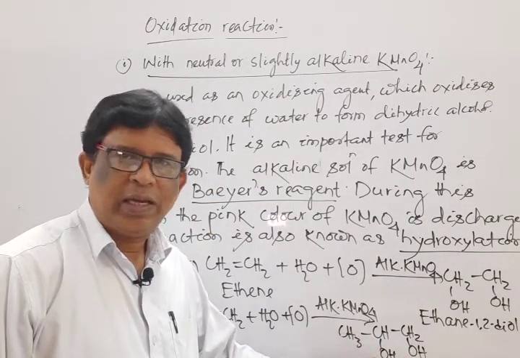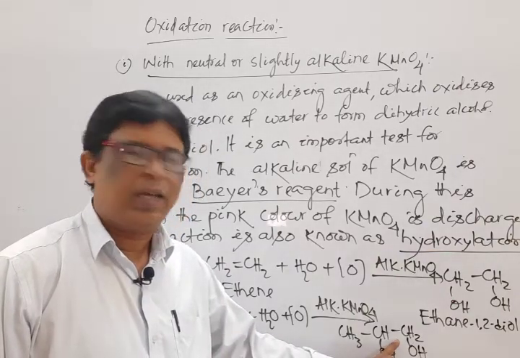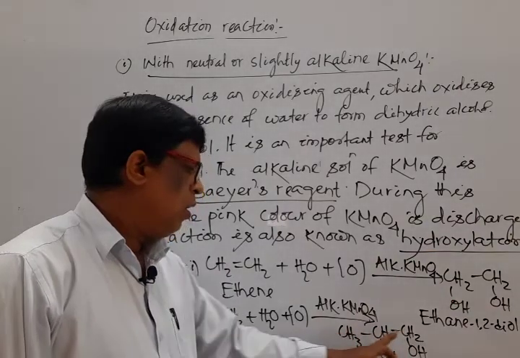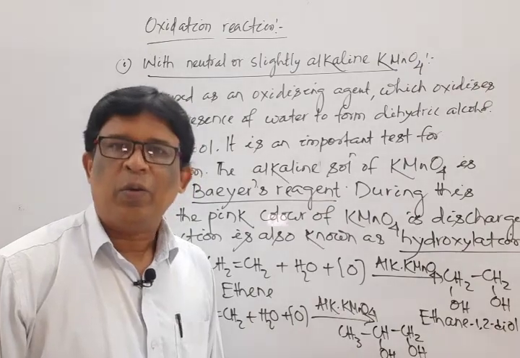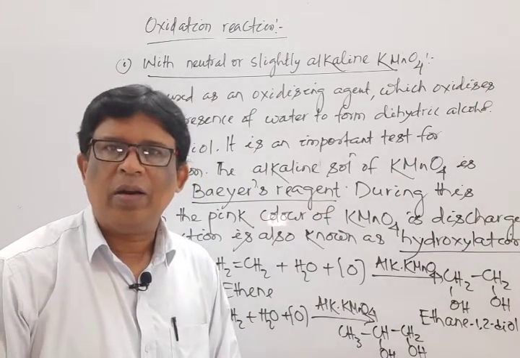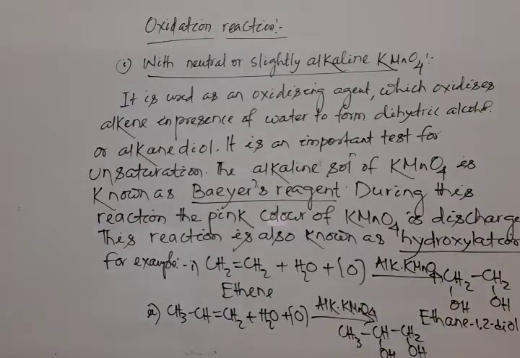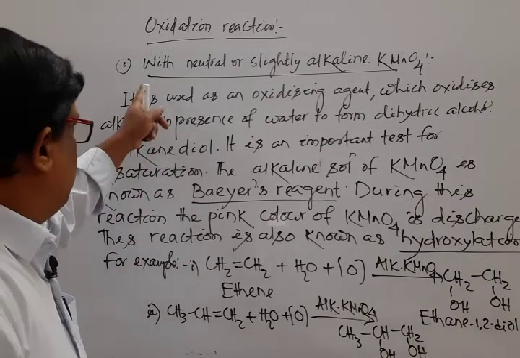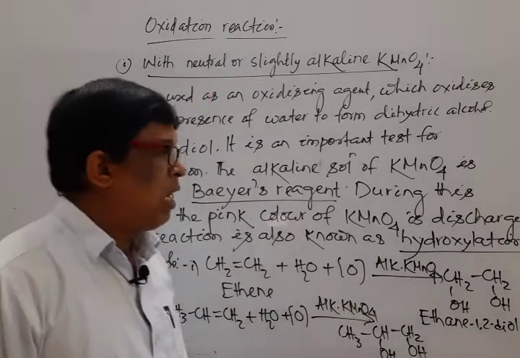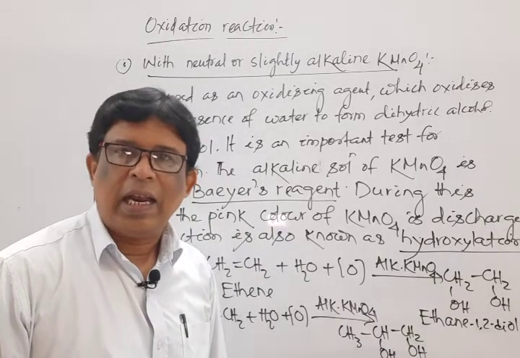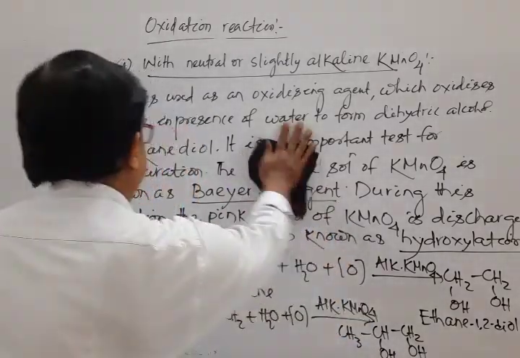Numbering from right to left, that is propane-1,2-diol. Okay, it is a little idea about the oxidation with neutral or slightly alkaline potassium permanganate.